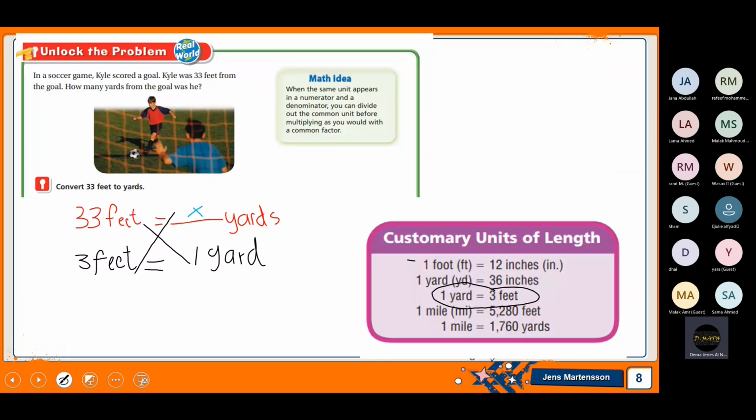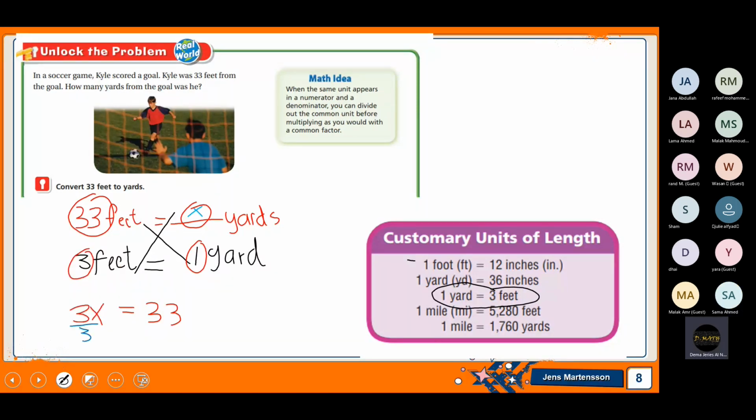What did we say before? x times 3 is 3x, and 33 times 1 is 33. Then what is the number that's multiplied by x? It's a 3. You divide by 3.